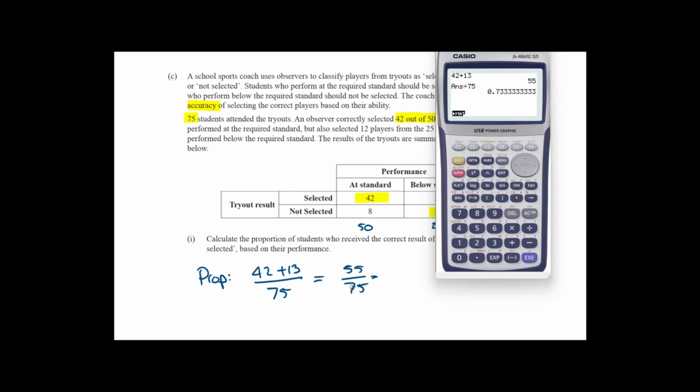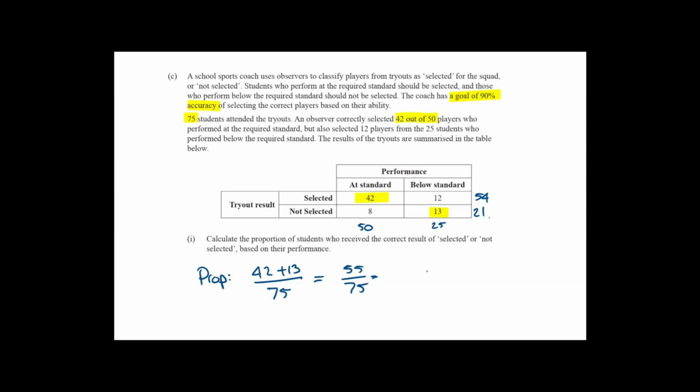So 73%, which is not good enough. He or she was aiming at 90%.